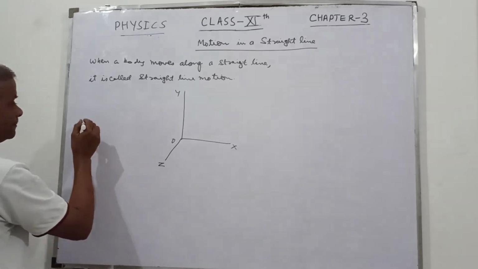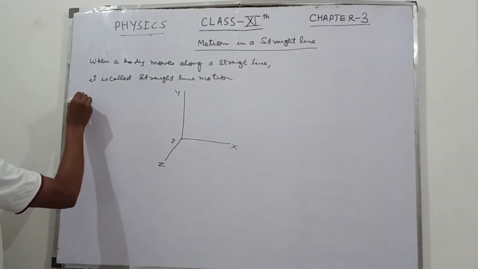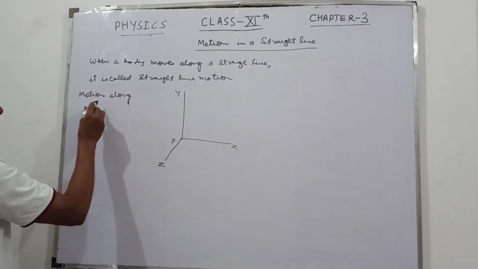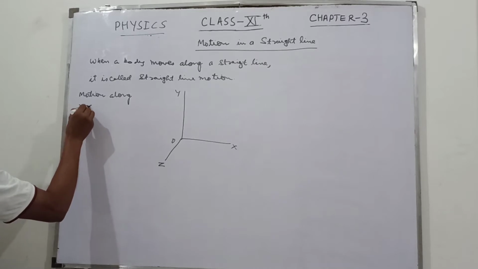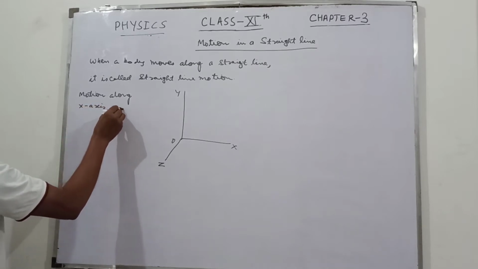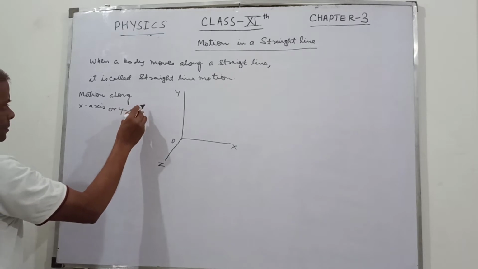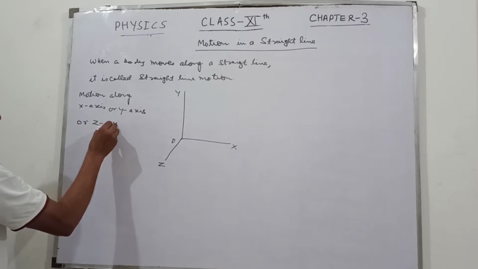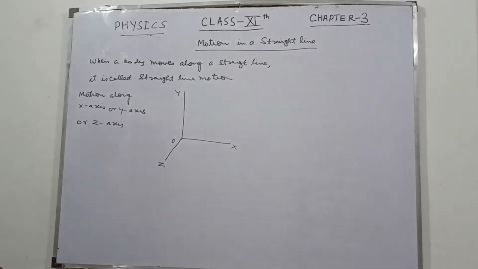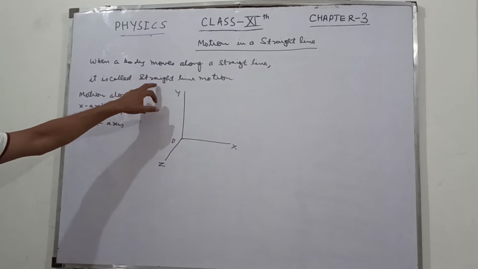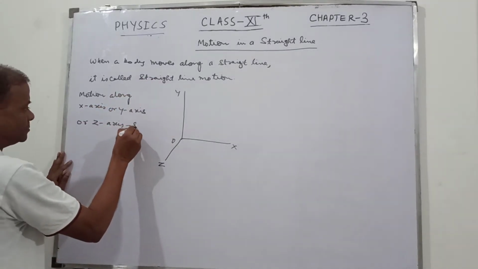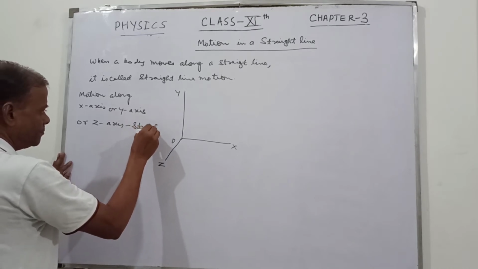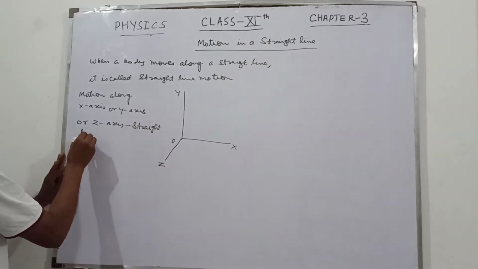Then body moving, motion along x-axis or y-axis or z-axis, then this is called the straight line motion.